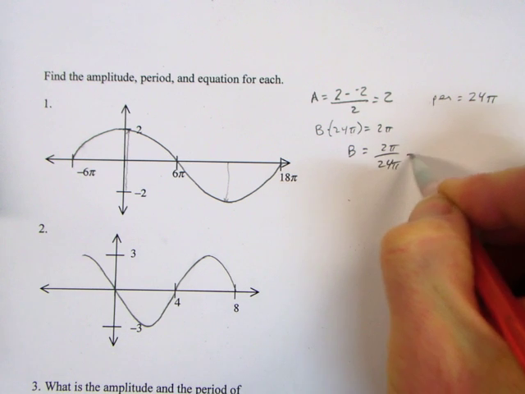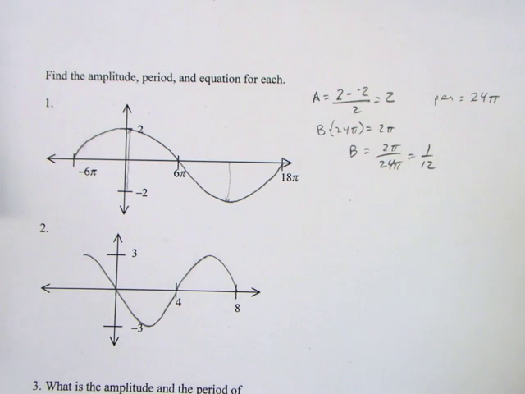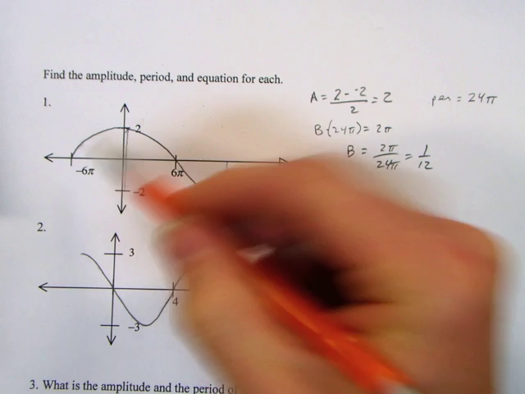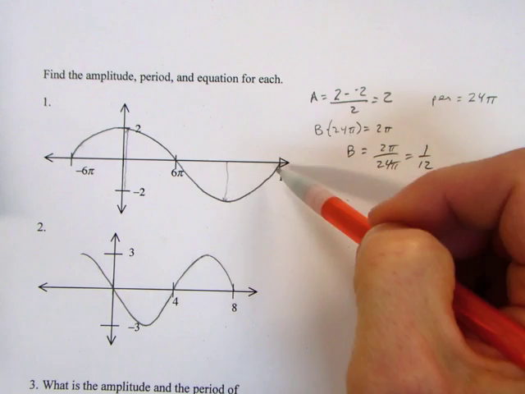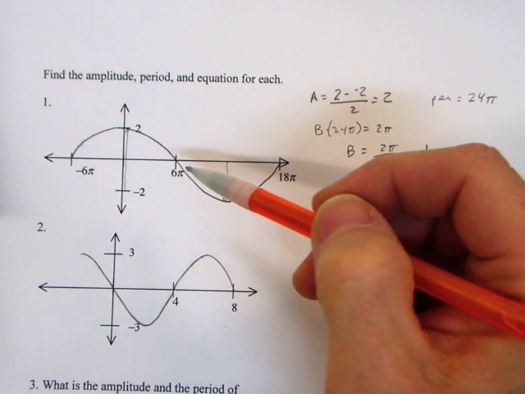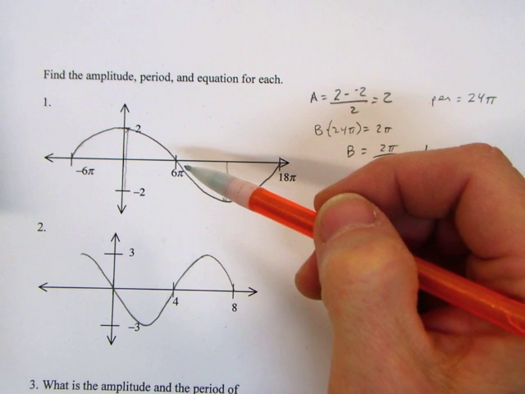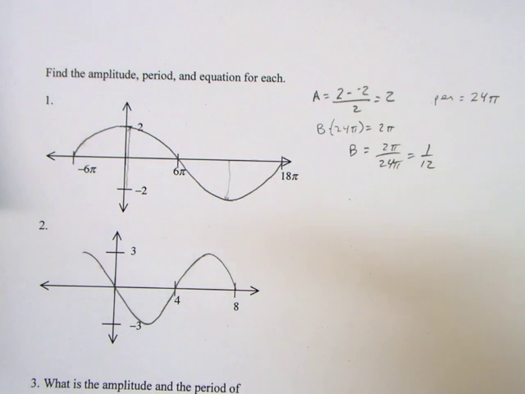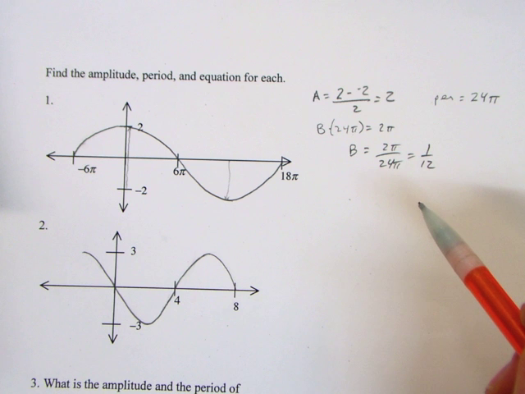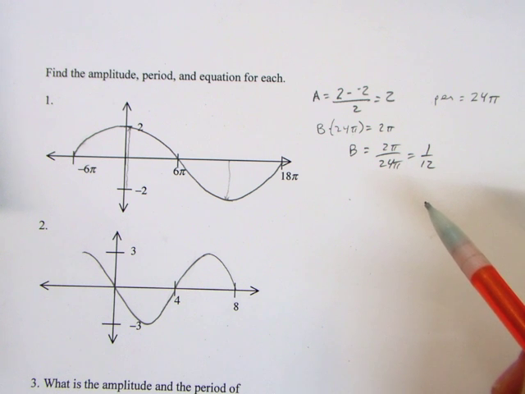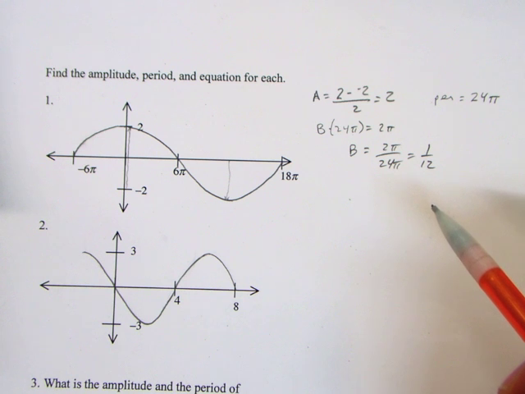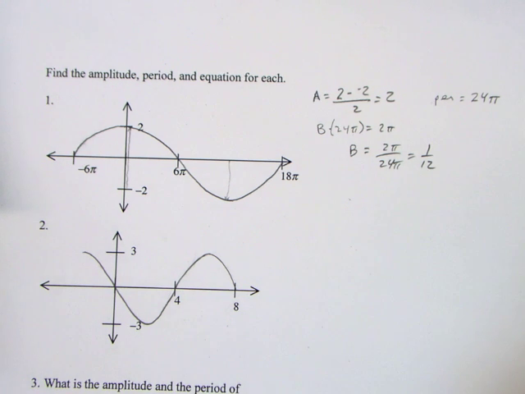I like to do this as b periods because you can see that in the graph, as opposed to memorizing a formula that doesn't necessarily have any meaning to you. Now we have to decide what type of graph this is. This can be a sine or a cosine. And since we're not dealing with horizontal shifts, it should be apparent depending on where it starts.